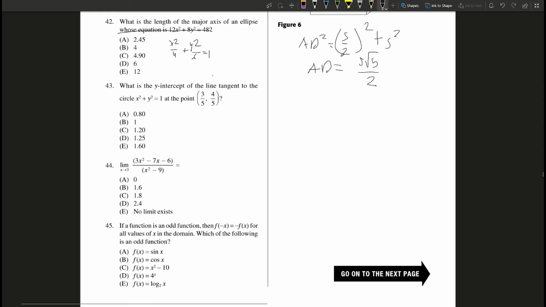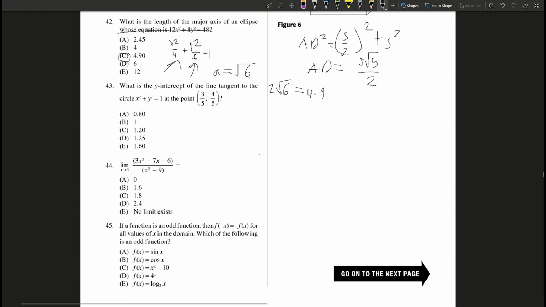And in this case, a is greater than b, and a is equal to root 6. So we know that the length of the major axis is going to be 2 times a, or 4.9. That is letter C right here.